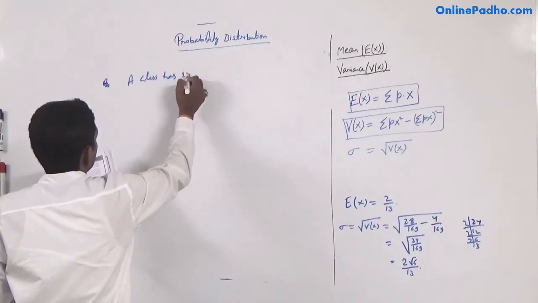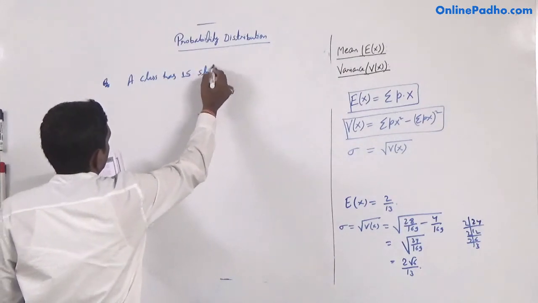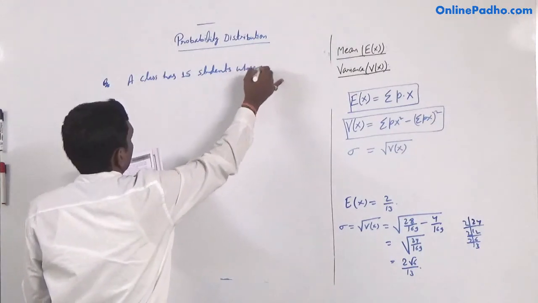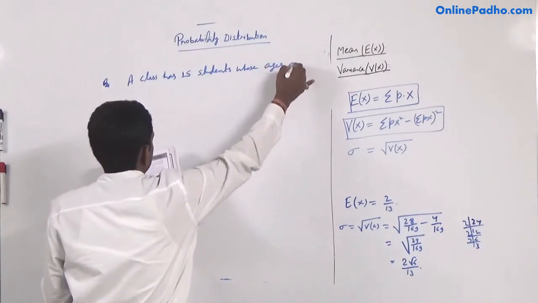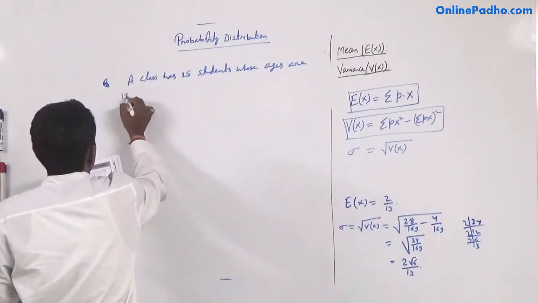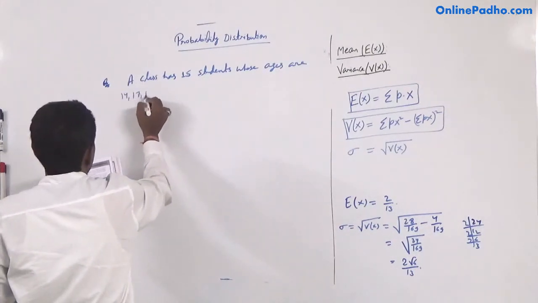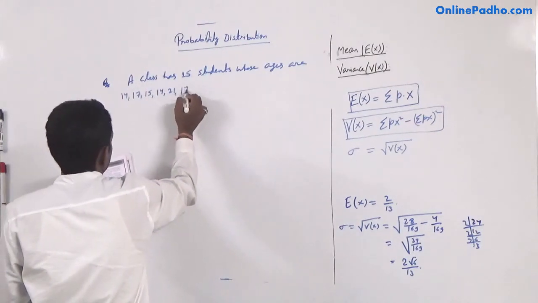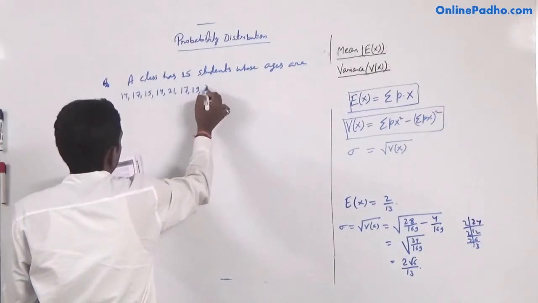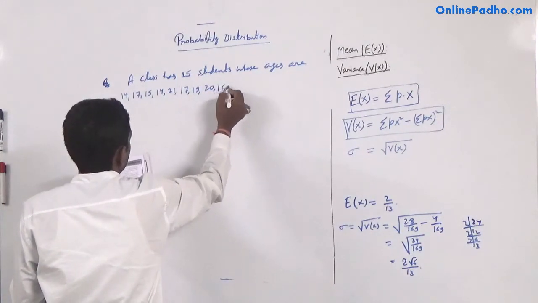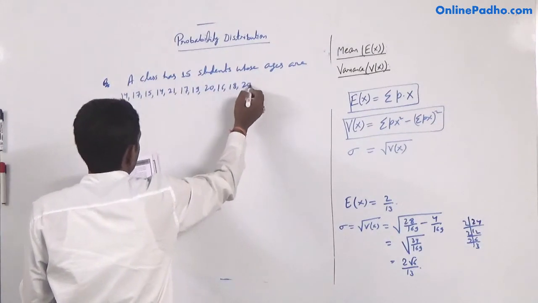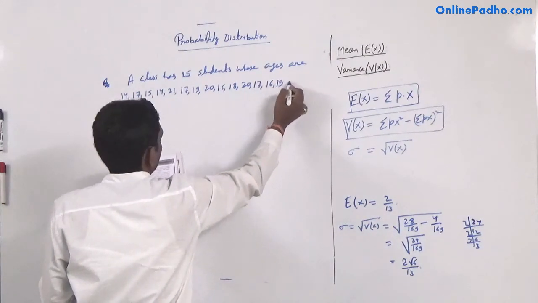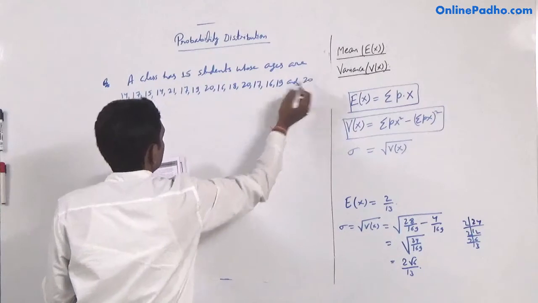A class has 15 students whose ages are 14, 17, 15, 14, 21, 17, 19, 20, 16, 18, 20, 17, 16, 19 and 20 years.